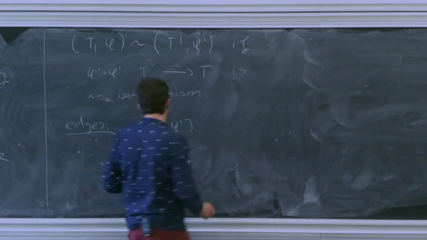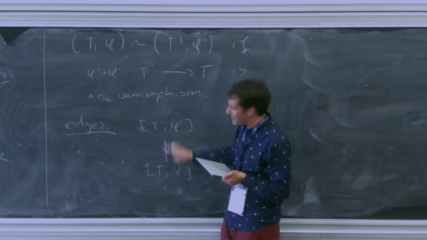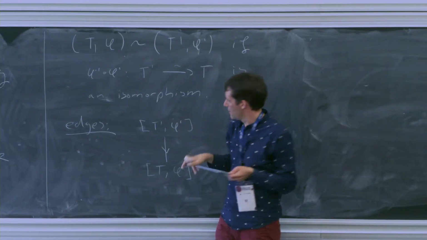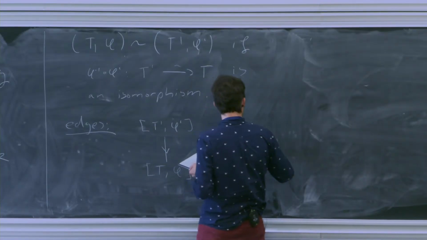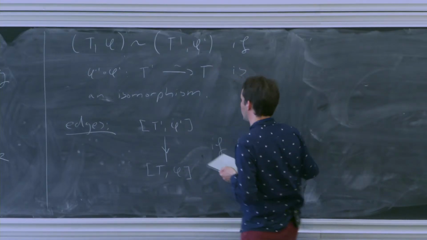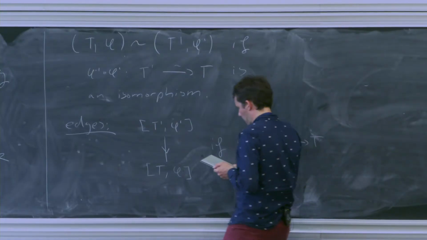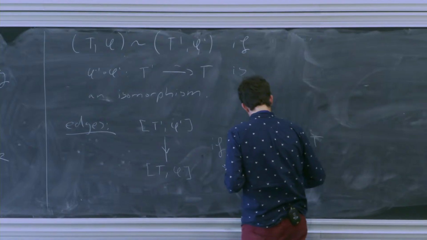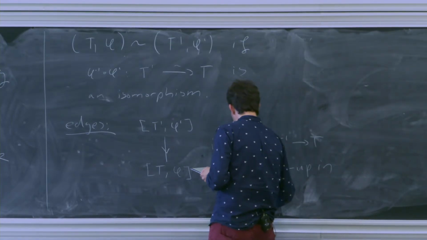This happens if these two pairs only differ by the blow-up in one single closed point, so that phi prime composed with phi inverse from T prime to T is the blow-up in a closed point.